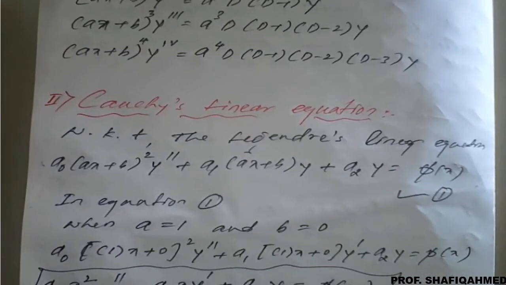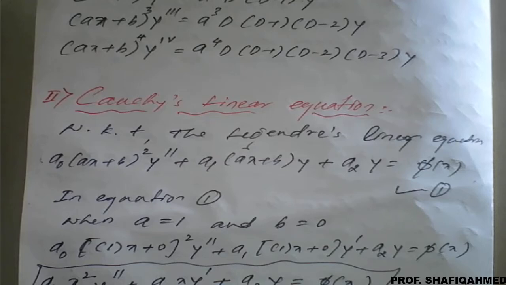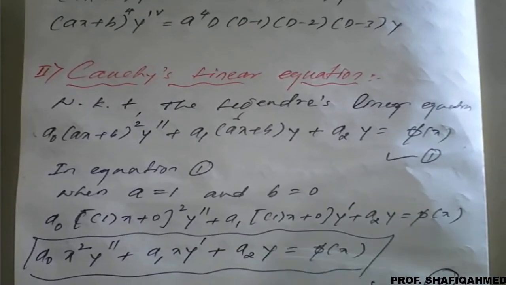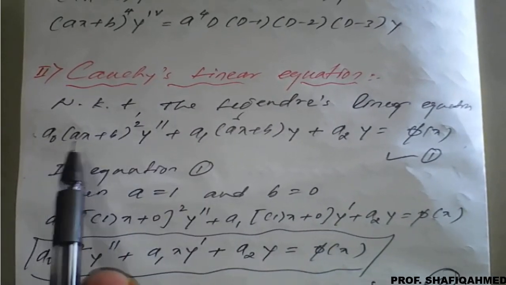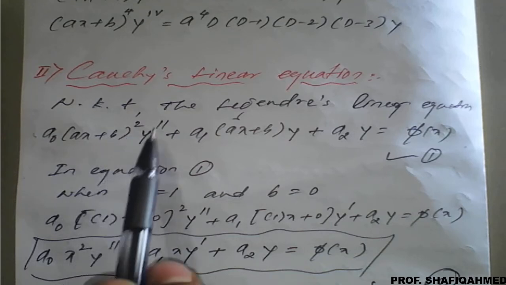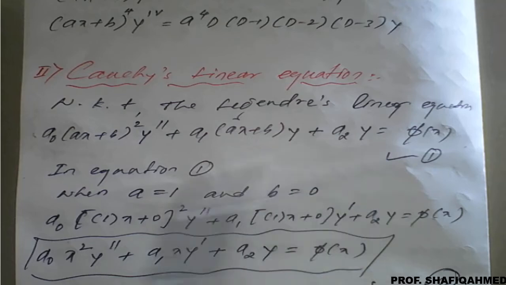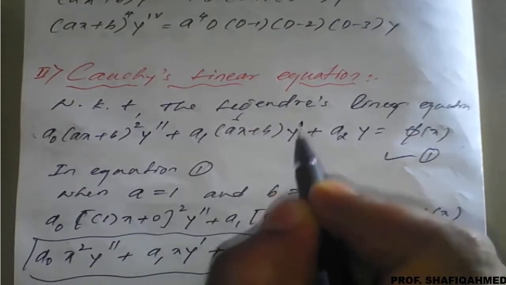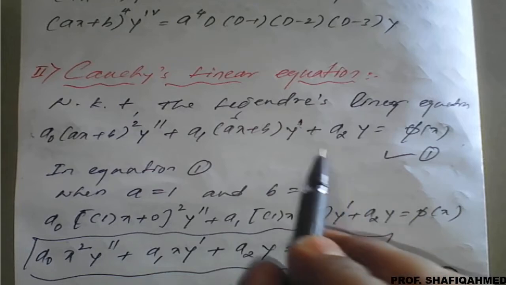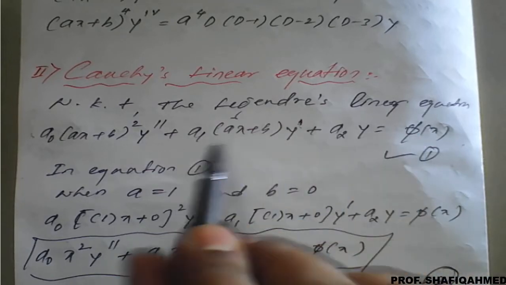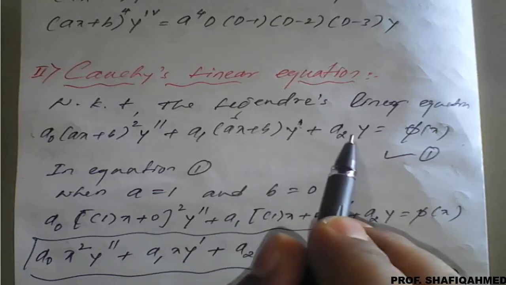Now we have the second concept, that is Cauchy's linear equation. Just now we have seen the Legendre linear equation, that is a0 (ax+b)^2 y'' + a1 (ax+b) y' + a2 y = phi(x).